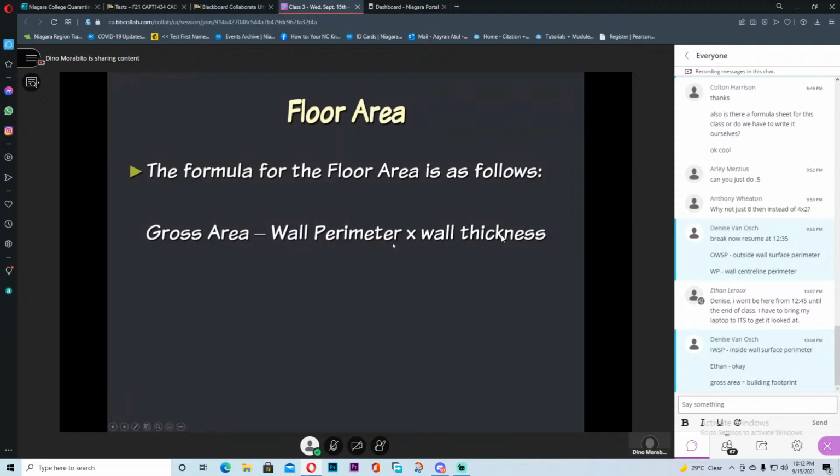And if you consider the fact that the wall perimeter times the width or the thickness of the wall is actually the area that the wall occupies, then I can subtract it from the gross area, and I'll know the inside wall area, the floor area of the building. Okay, we'll work with these numbers. I just want to sort of get your mind thinking about what types of numbers we're looking for here, and we'll start talking about what we're going to do with our exercises.